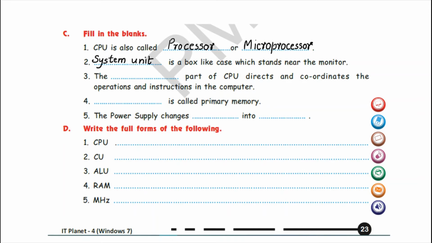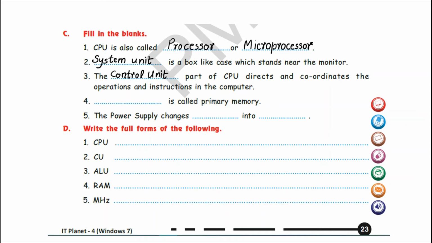The dash part of CPU directs or coordinates the operations and instructions in the computer. The control unit part of CPU. So right here, control unit. The control unit part of CPU directs and coordinates the operations and instructions in the computer.